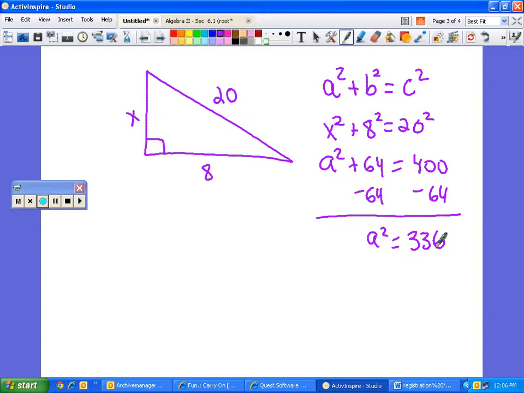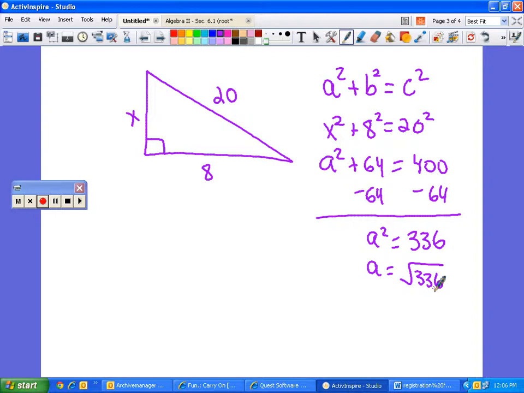Now, the book, and probably the EOC, doesn't want a decimal answer. We all know that we're going to have the square root of 336.